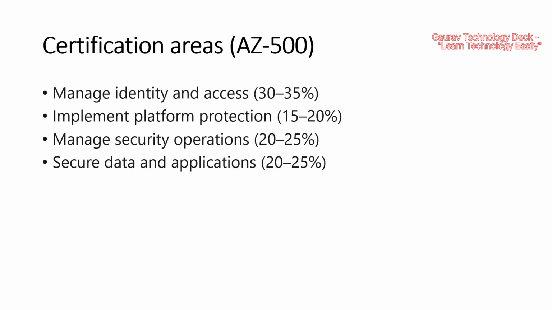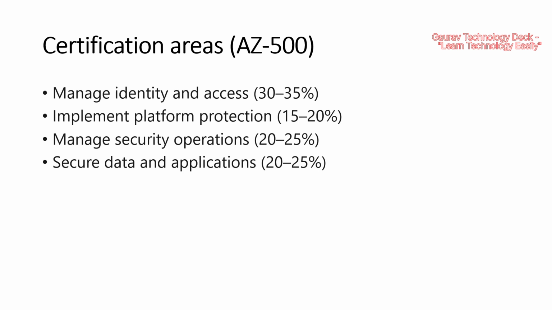If you want to prepare for the certification exam, these are the certification areas per module, with the weightage percentages which Microsoft has provided. This may vary, because I'm recording this video right now, and after 1 or 2 months this weightage may change, because technologies are changing very rapidly.